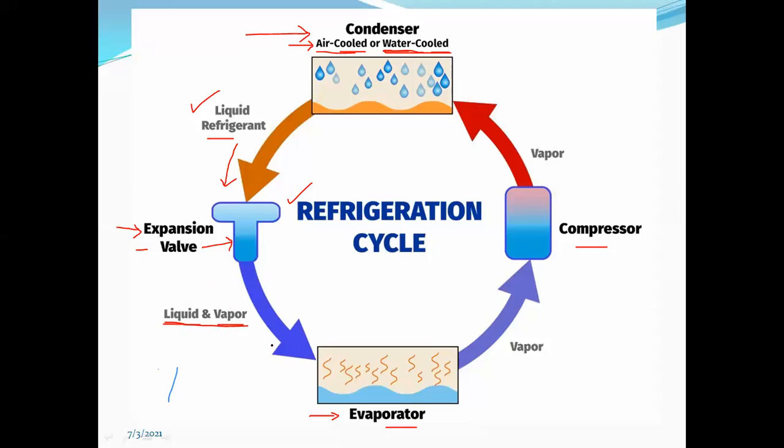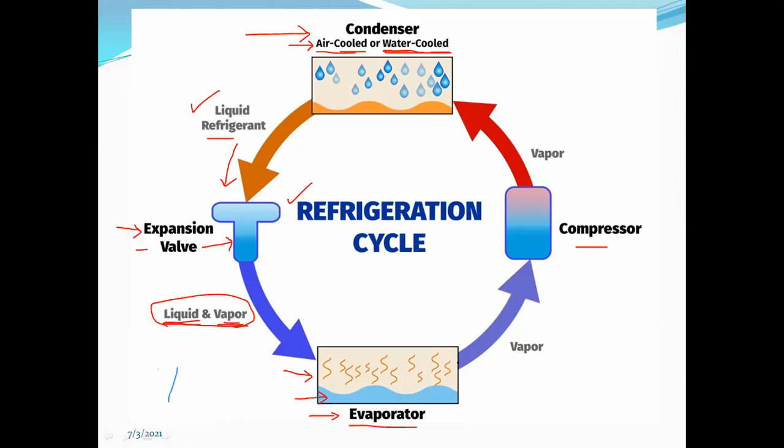Then the mixed phase is taken inside the evaporator, and the heat absorbed by the refrigeration cycle from the substances kept to be cooled inside the refrigerator is used to evaporate the liquid in the mixed phase inside the evaporator. So once again, due to heat absorption, the evaporator evaporates the total liquid into vapor.